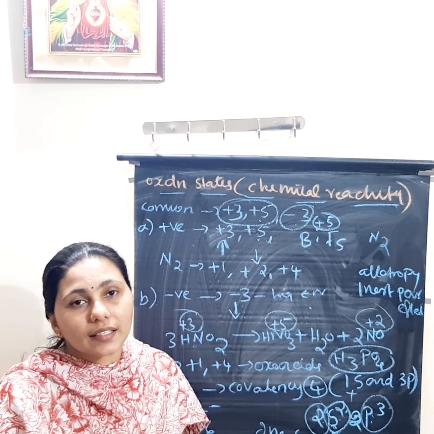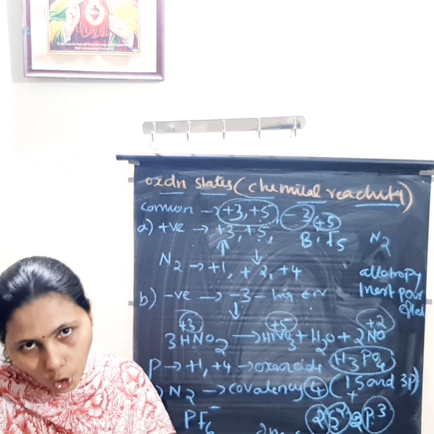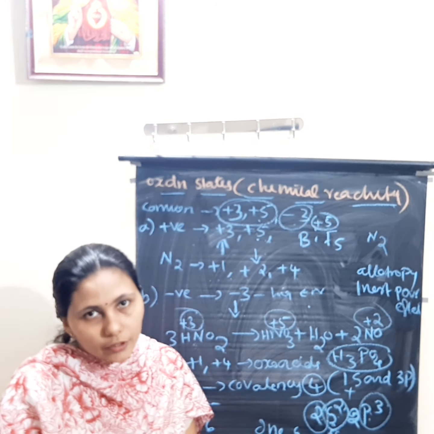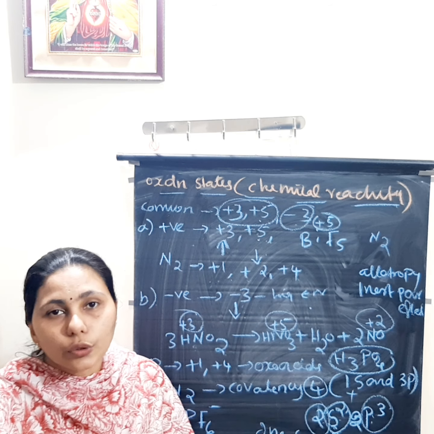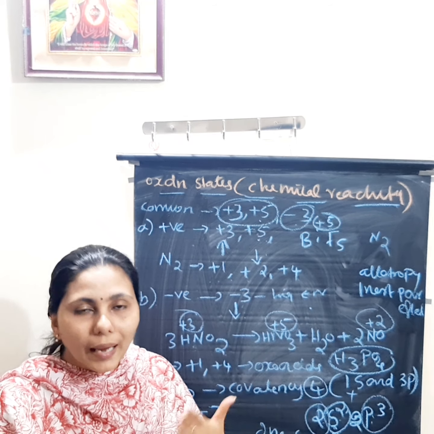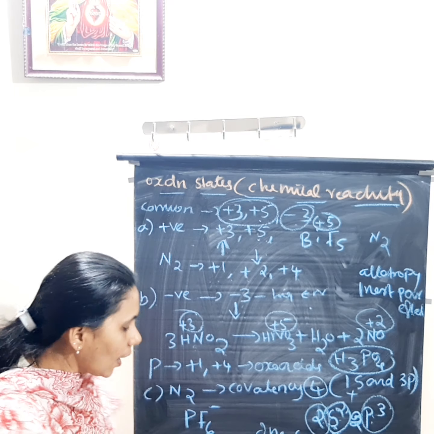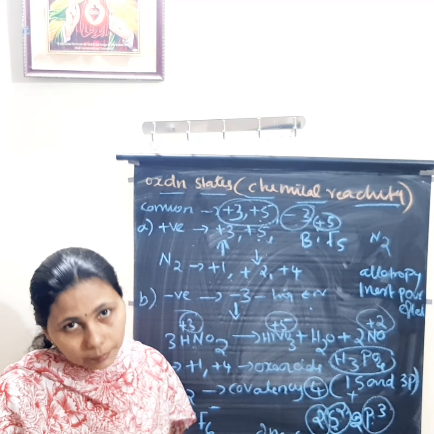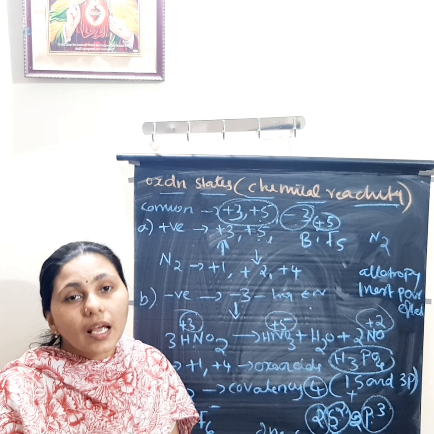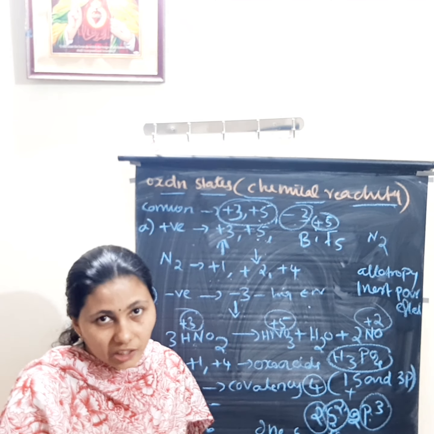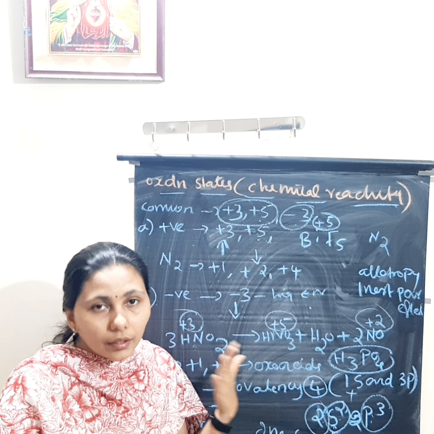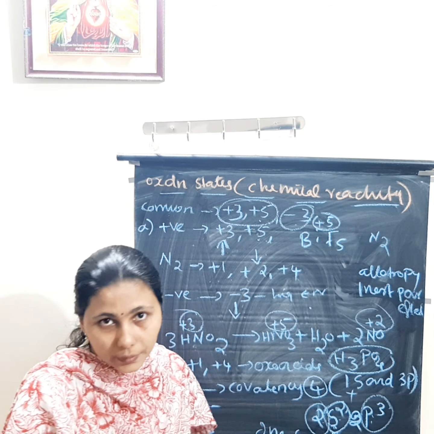The second reason is the non-availability of d orbitals. Nitrogen does not have d orbitals, so its covalency is limited to 4. That means it can form a maximum of 4 bonds. But if you consider the other members, they have d orbitals available in their valence shell.